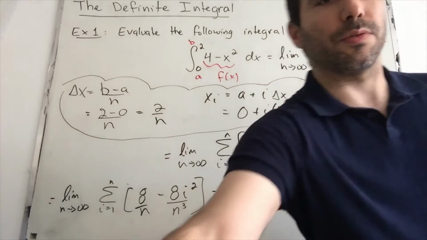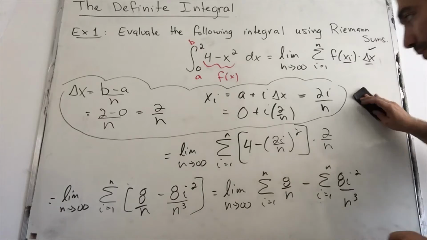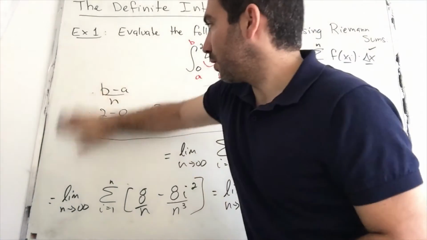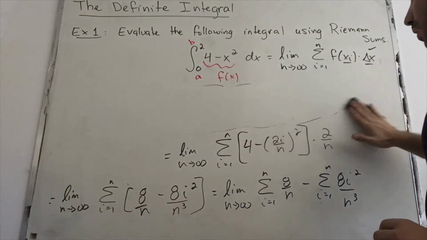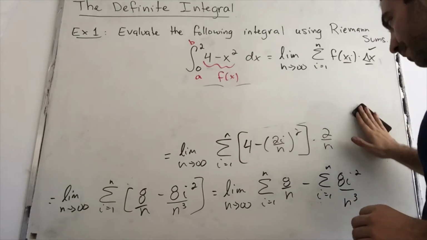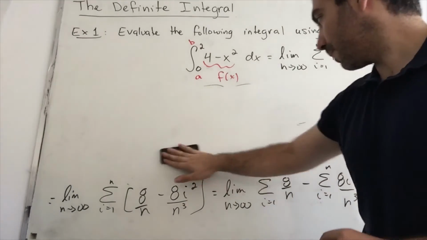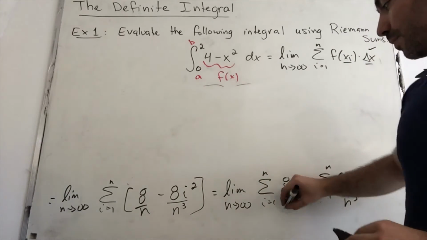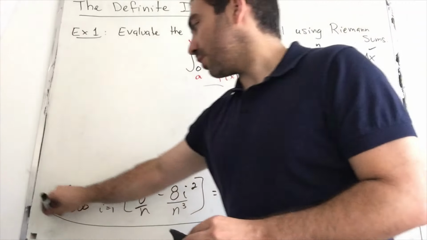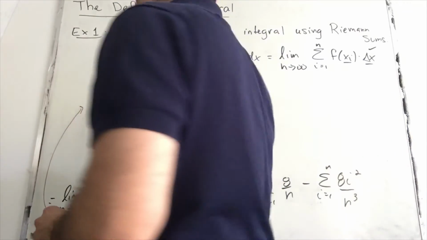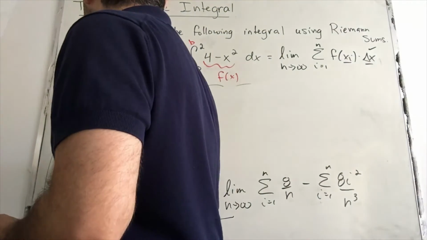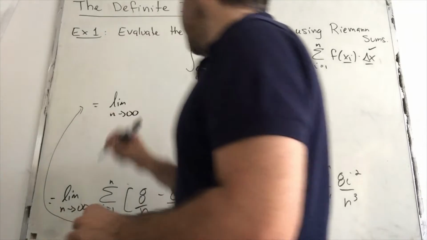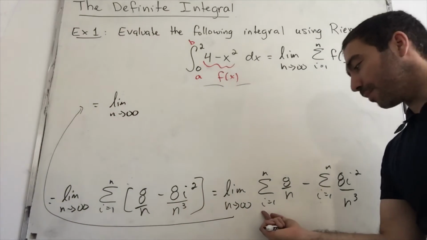Okay, so I'm just going to have to erase to give myself some more room. Let's move all this, and let's continue up here. So this continues up here, equals the limit as n goes to infinity. Over here, we just care about i's.